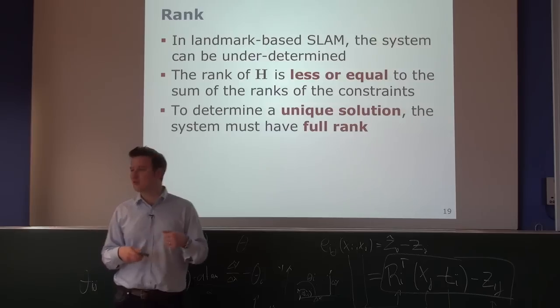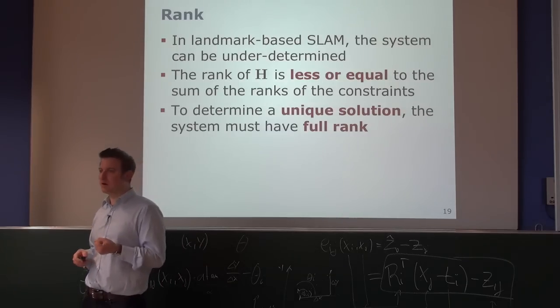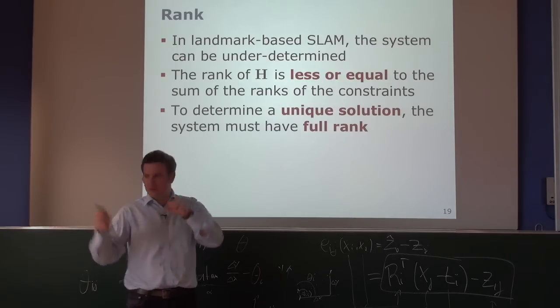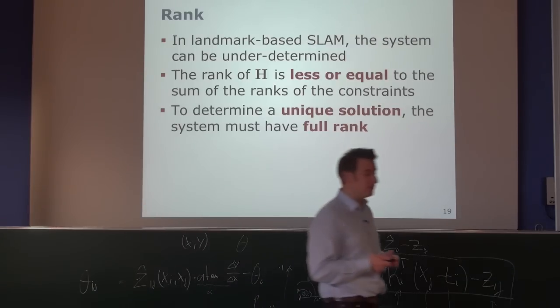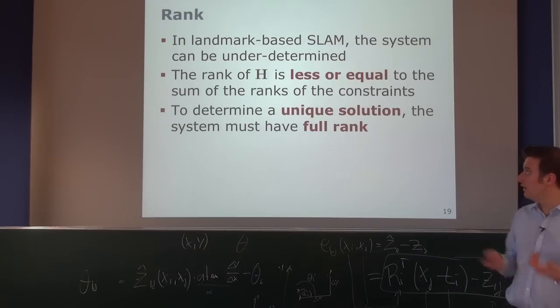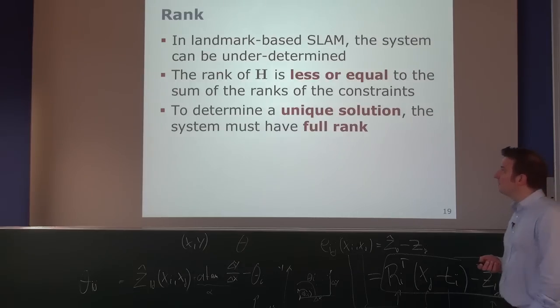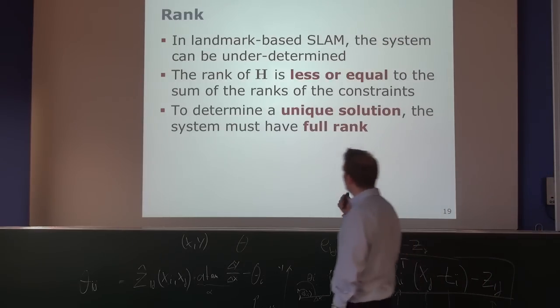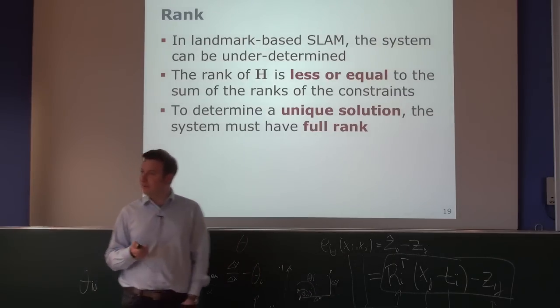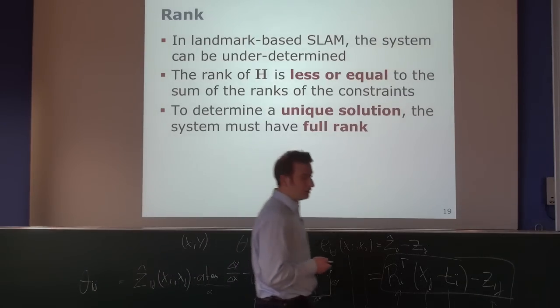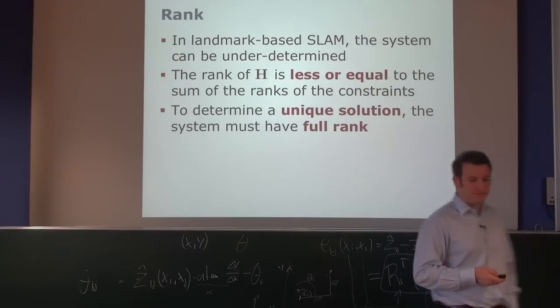But if we miss that for one single landmark, we see it only once and don't know exactly where it is, then we end up with a solution space, which is difficult because we need a full-rank matrix H in order to find a unique solution for our overall optimization problem.